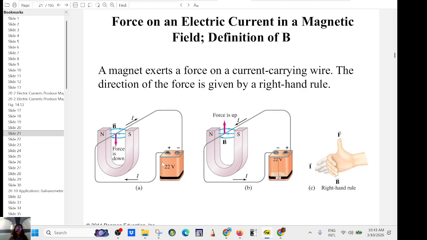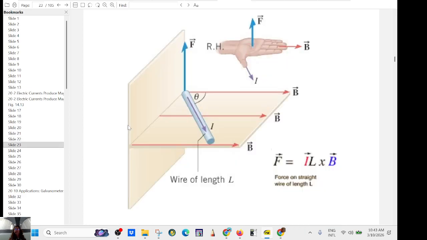So, for that magnetic force not to be zero, the charge has to be moving, and you need to have a component of B perpendicular to the current. So here I have a nice example. Again, take your right hand. The current is going this way. The magnetic field is going to the right. The angle doesn't have to be 90 degrees, right?